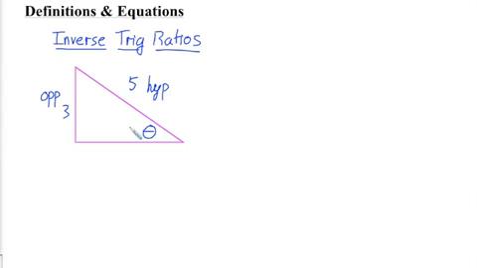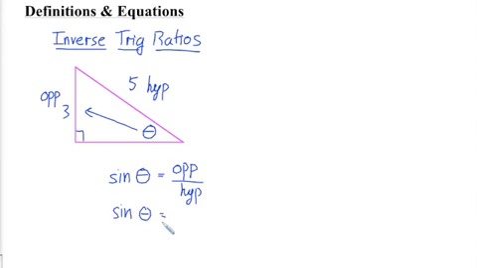Remember, opposite is always away from the angle. I also know that this is the right angle. I can write the expression for the sine of theta. I know that sine involves opposite over hypotenuse. So the sine of theta is equal to 3 over 5.